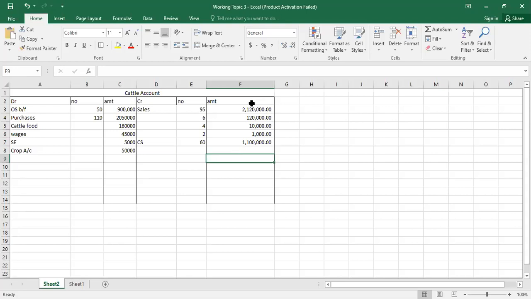So here we have the totals. Here 3,351,000. On this end, we have 3,230,000. So we have 3 million on this end. So it is equal to the sum of all these.